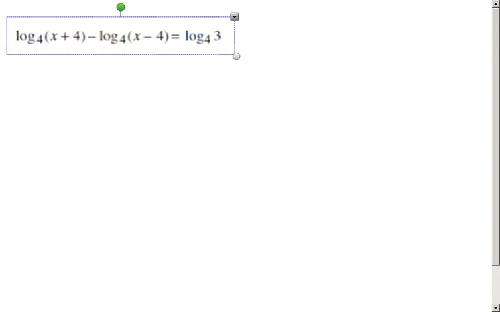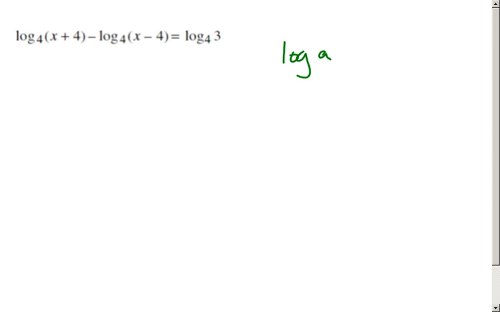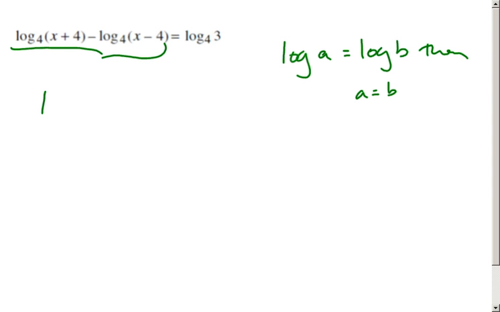Moving into the 4.0s. Here, if you can get it so you have a log equal to a log, remember, if log A is equal to log B, then A equals B. So in this point, you're going to try to write this as a single log.